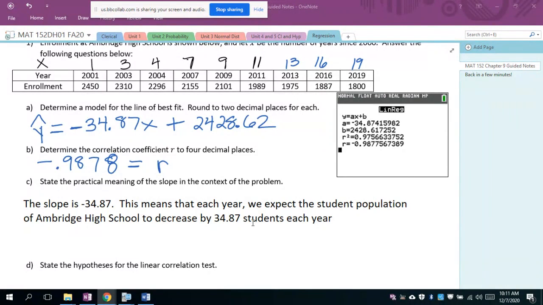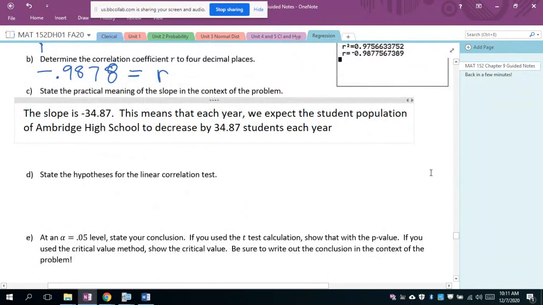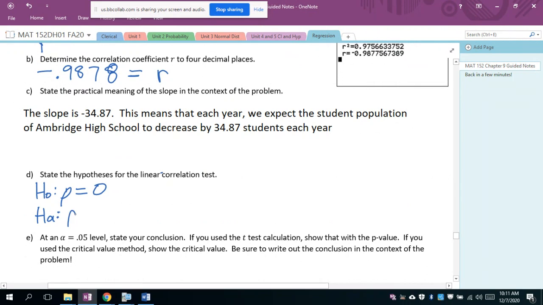Now, for the linear correlation test, all you have to do here, for the null, that would be rho equal to 0, and these are always going to be one-sided. And for the alternative, it would be less than 0.